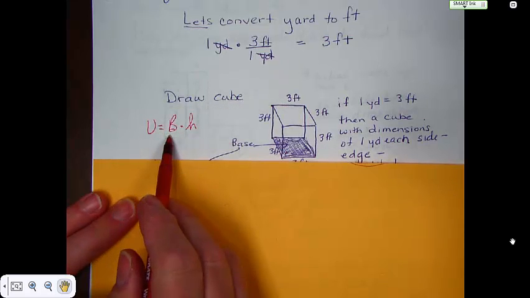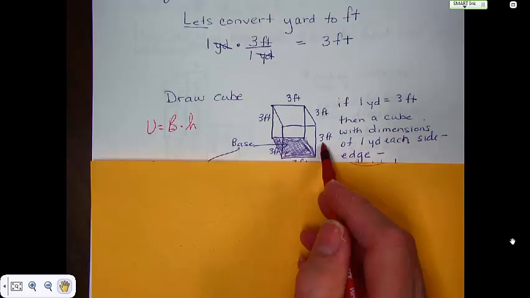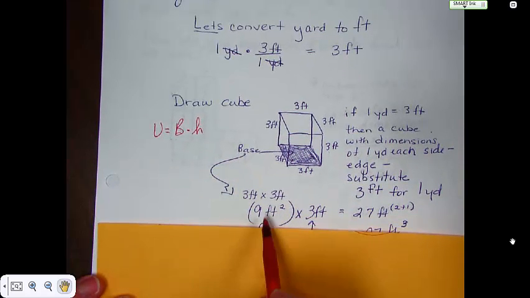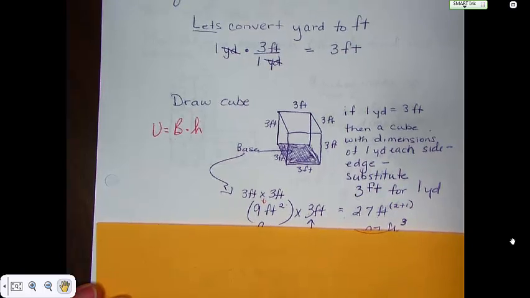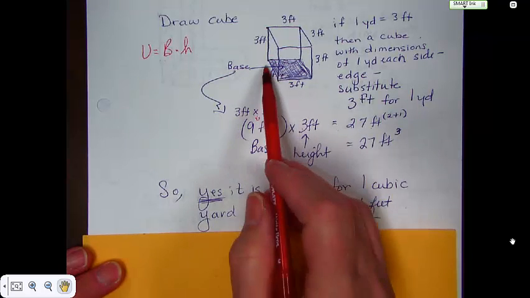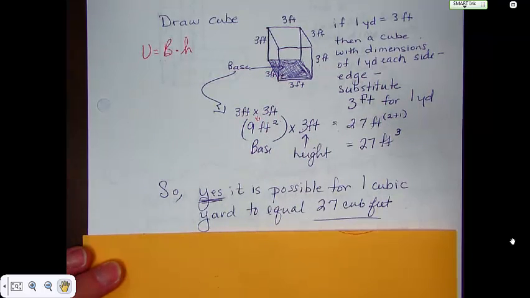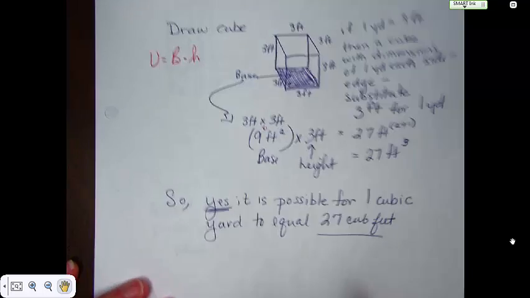Well, if big B is 9 feet squared, and you multiply it times the height, which is 3 feet, you're going to get 3 times 3, which is 9 feet squared, times 3 feet equals 27 feet cubed. 2 plus 1 is 3. So the answer is yes, of course it is possible, because you're just taking 3 times 3 times 3. Okay, so that's kind of an interesting question. One that I think we always get caught on every year when I teach this.